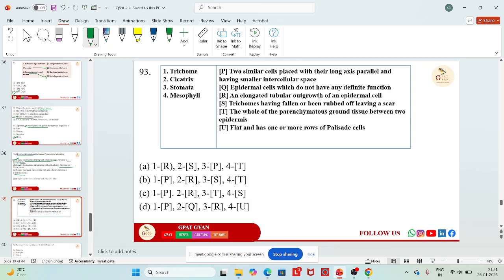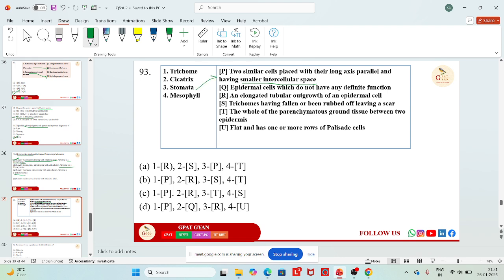definitions. I can see clearly, smaller intracellular space. Let me see. What is smaller intracellular space, for exchange of gases or respiration? Stomata.